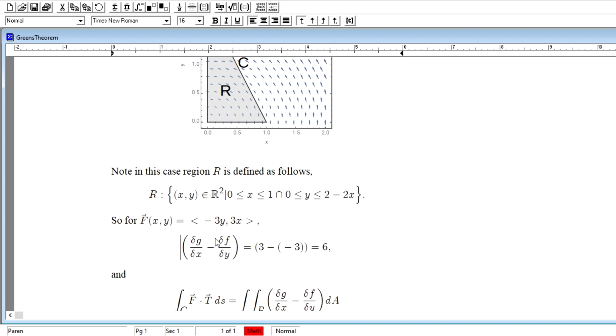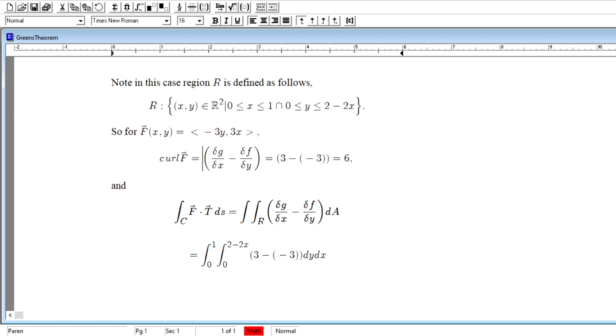What we might call the curl of our vector field will be equal to 6, and our double integration will set itself up as this calculation seen here. Or our line integration over that boundary of C, which corresponds to this double integration over region R, for what would be the curl with respect to the area of R, would set itself up in this manner.